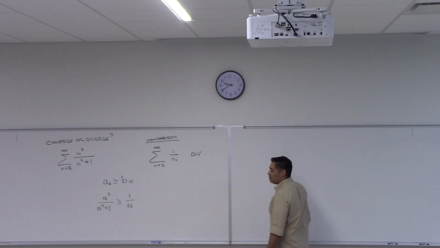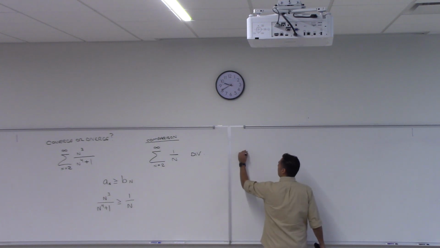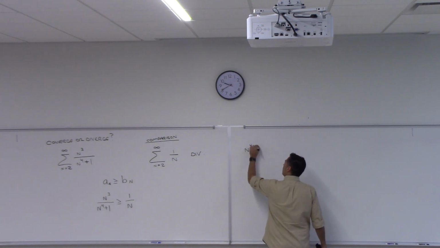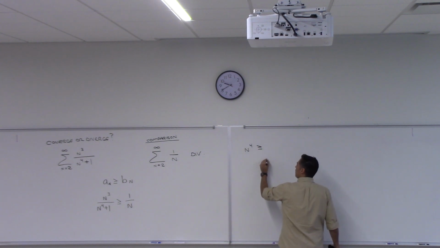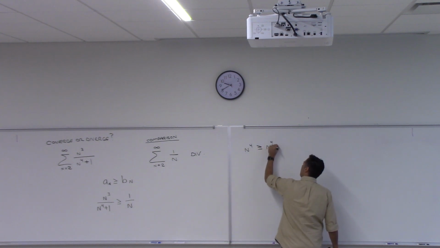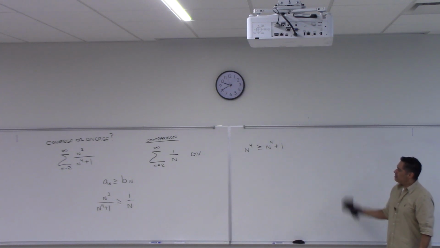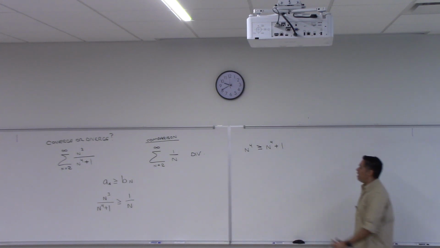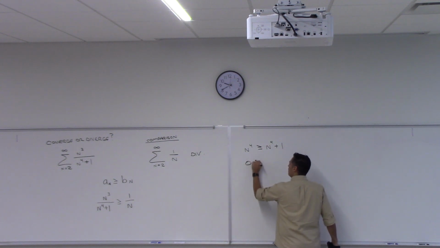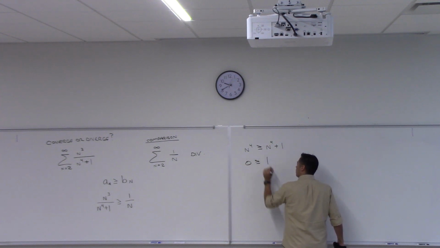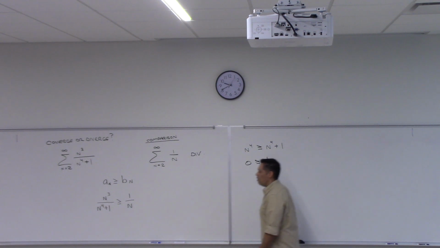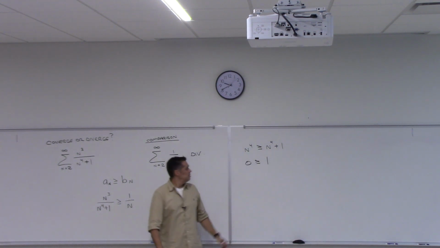Okay, so when I clear the fractions, what's the inequality say? n to the fourth bigger than or equal to what? n to the fourth plus 1. Plus 1, right? Not minus 1 this time. And then I subtract n to the fourth on both sides, and I get what? 0 is greater than or equal to 1. And that is not true, right?